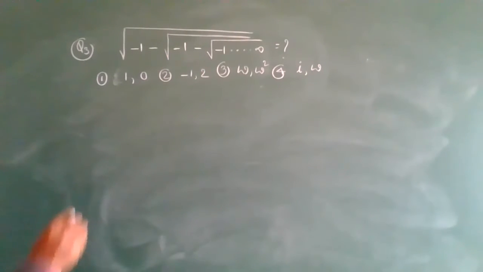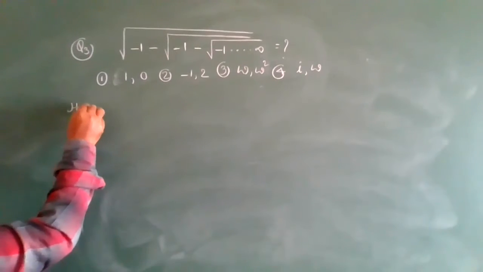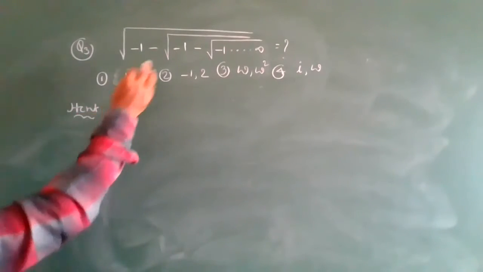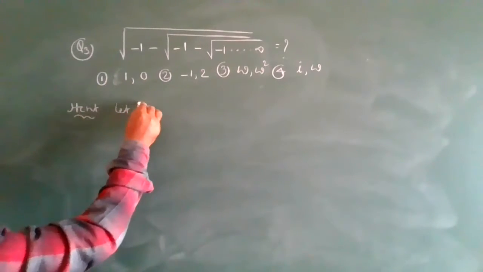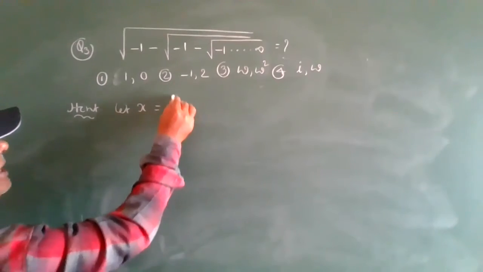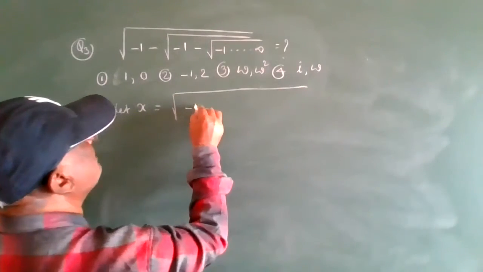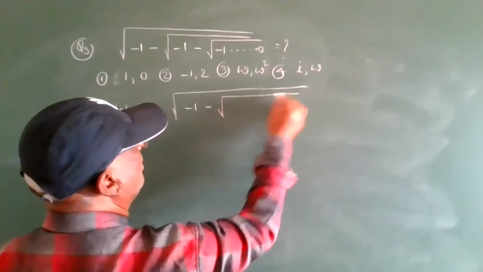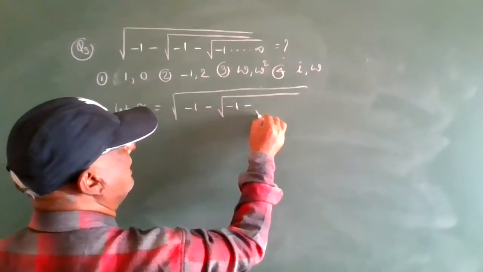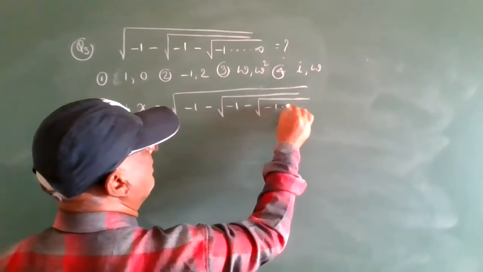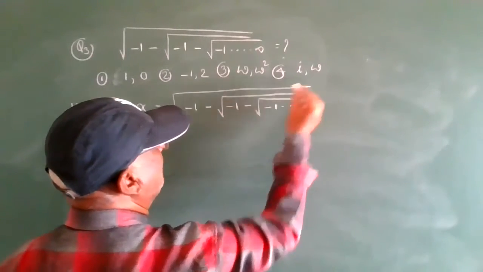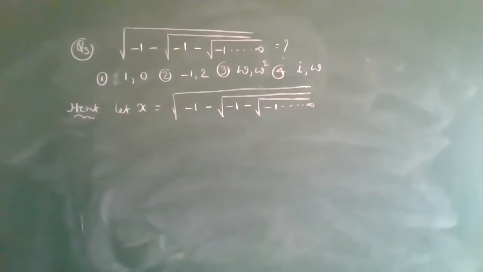So this problem is, first let it be x. Infinite problem is given, so let x be square root of minus 1 minus square root of minus 1 minus square root of minus 1 up to infinite terms. Okay? First, what we can do is squaring on both sides.